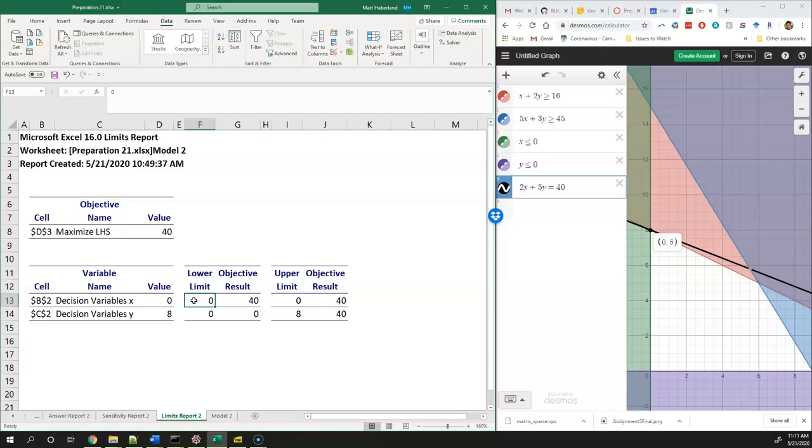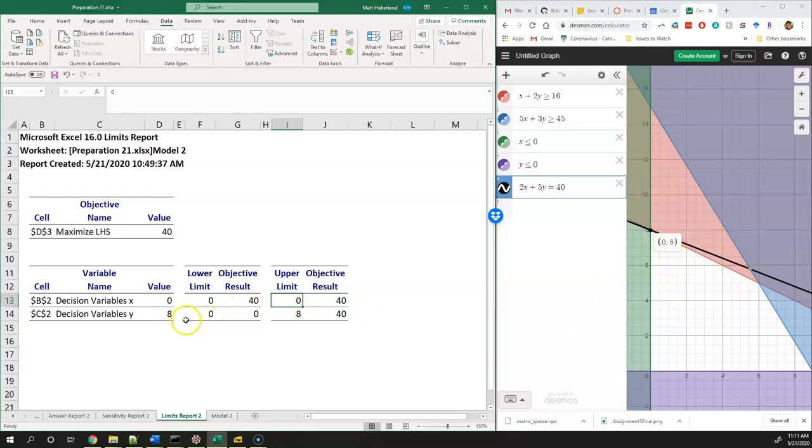So this is saying that the lower limit on our x value that will still satisfy the constraints is 0. We cannot decrease it by any from our original place, 0. We can subtract nothing from it before we start violating a constraint. We can add nothing to it. We cannot go any higher than 0 without violating a constraint.